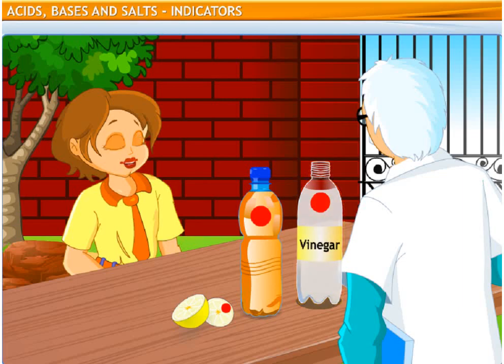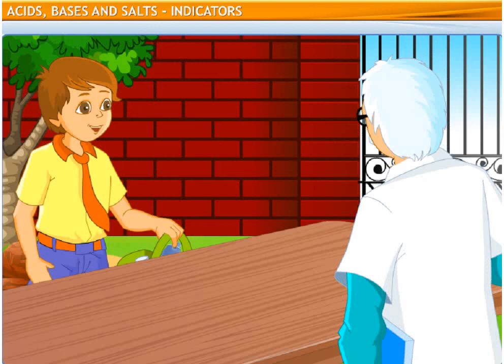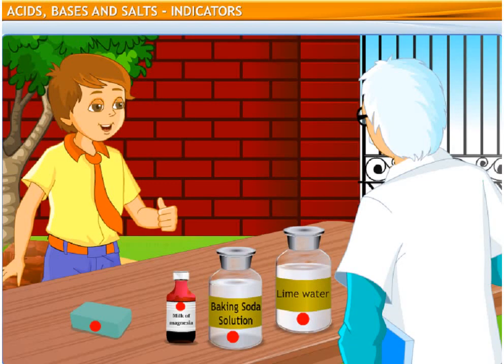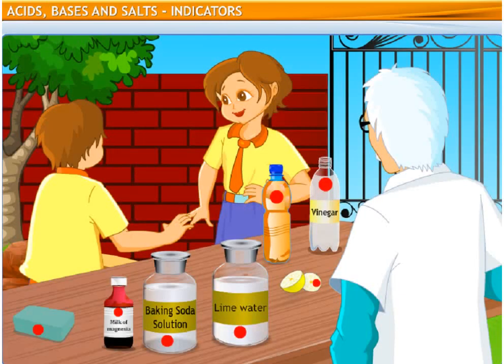We have tested each of these to confirm that they are acids. That's right. You must have at least 4 items in your bag to win. Yes! A soap, milk of magnesia, lime water, and some baking soda solution. Congratulations, John. You have won this game.